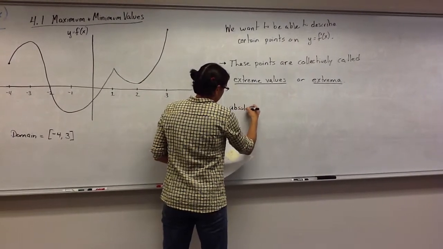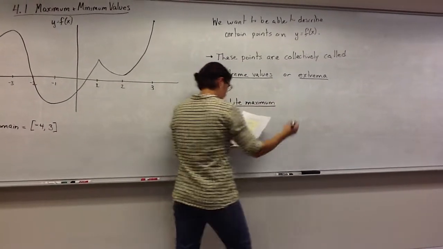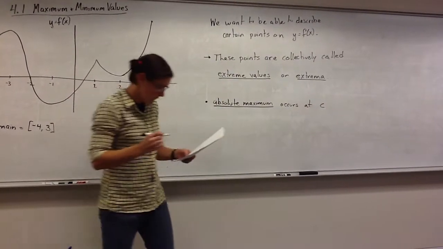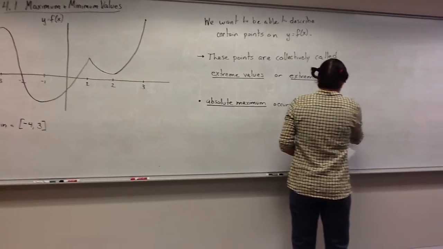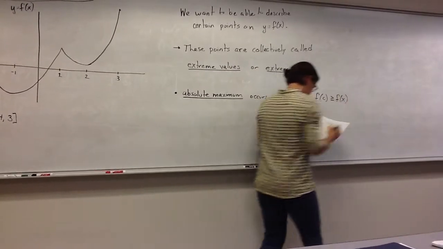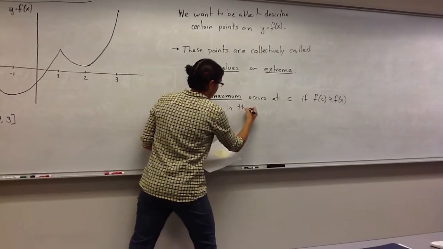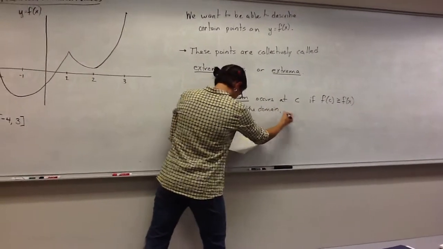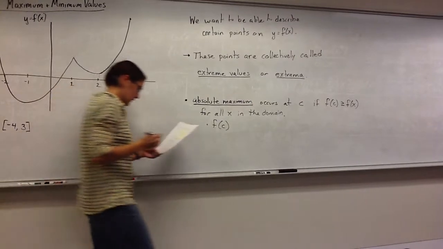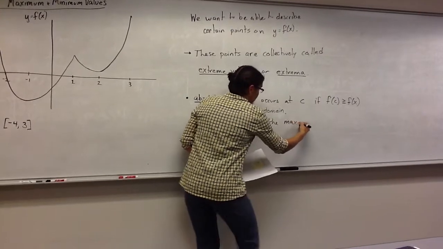An absolute maximum occurs at c, where c is an x value, if f of c is greater than or equal to f of x for all x in the domain. The y value, f of c, is called the maximum value.